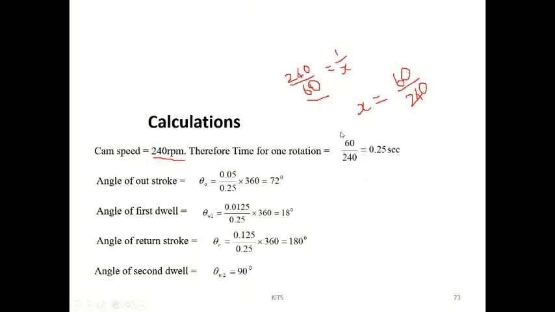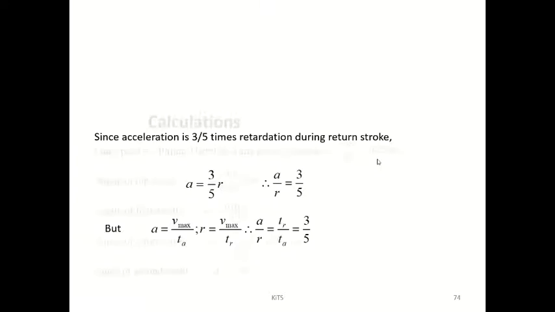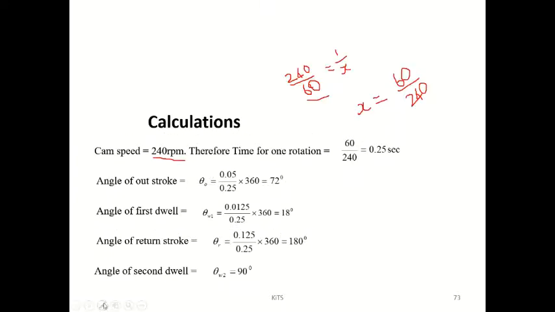For one revolution it is taking 0.25 seconds. So in one revolution how many degrees will it cross? In one revolution it will cross 360 degree.